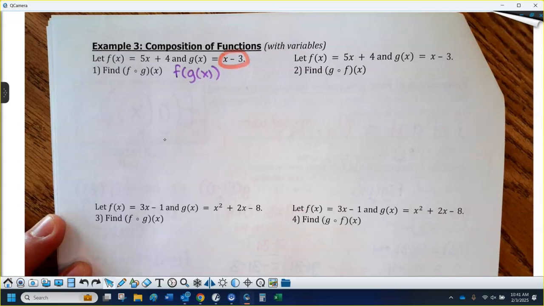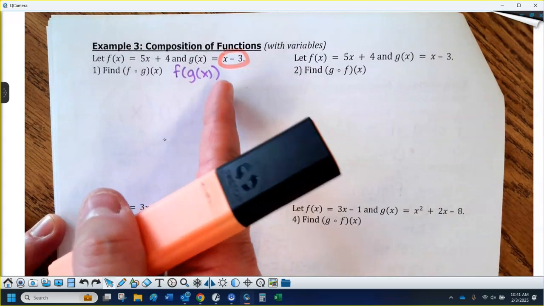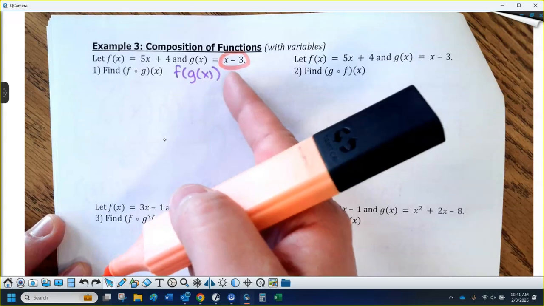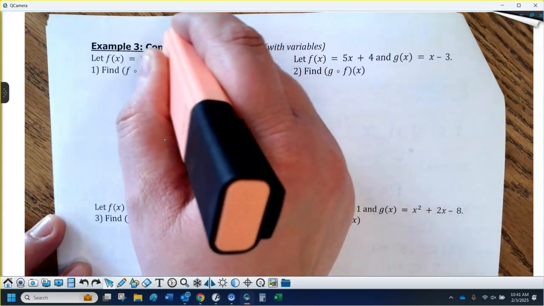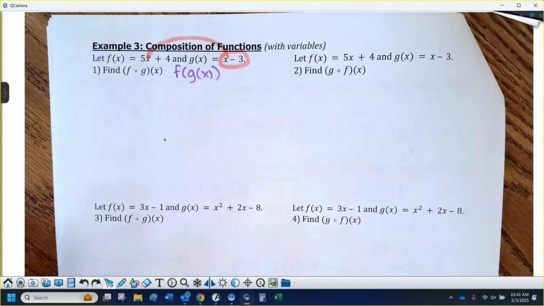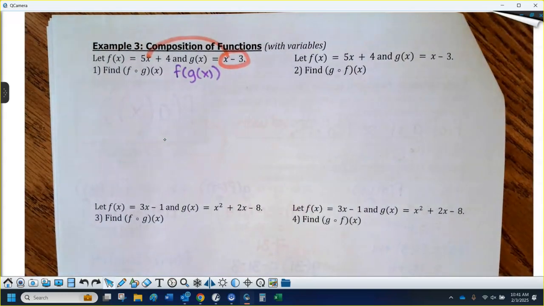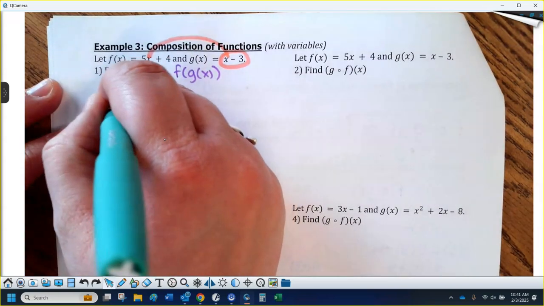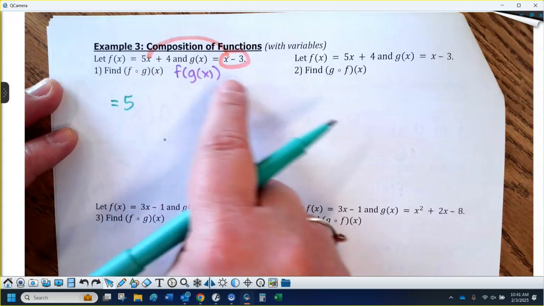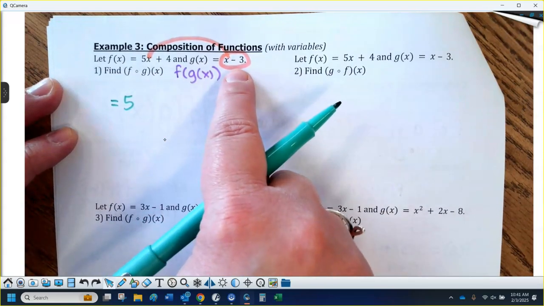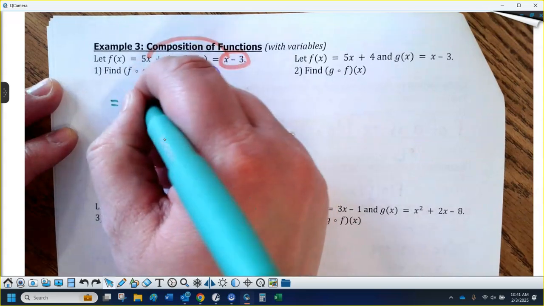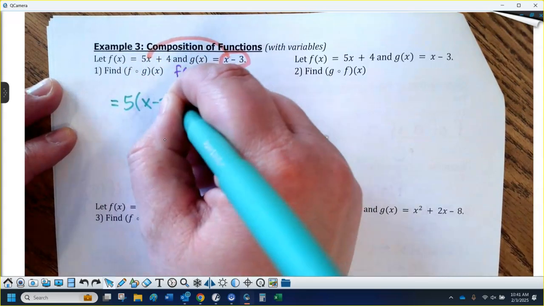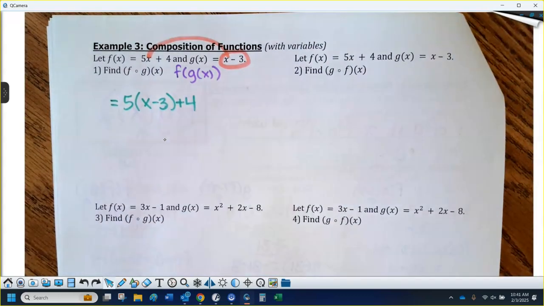The way this works, you're literally going to take that expression, what g of x is equal to, and put that whole thing in place of x in the other function. So if I do f of g of x, everywhere you see an x in the f of x function, which is just 5 times x, I'm just going to replace that with the x minus 3.